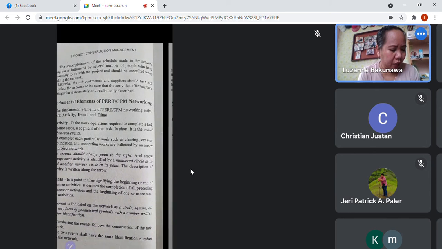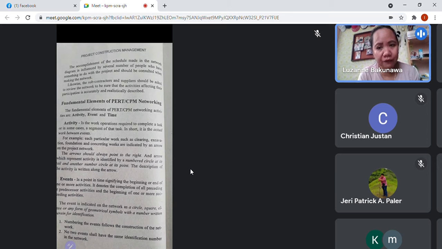So no two events shall have the same identification number in the network. So why is it unique? Wa jud magkapariha si excavation o si installation of rebars og numbers or letters.